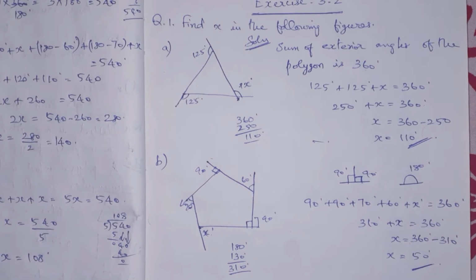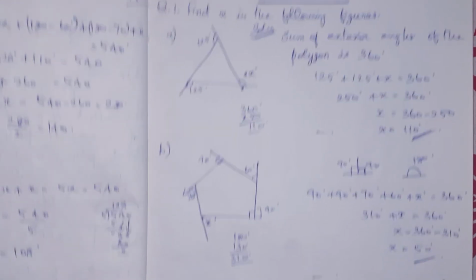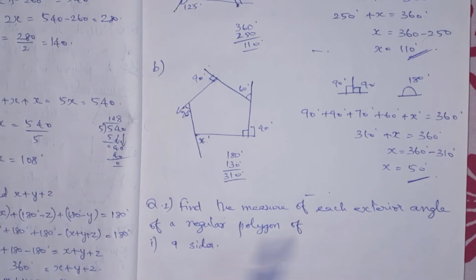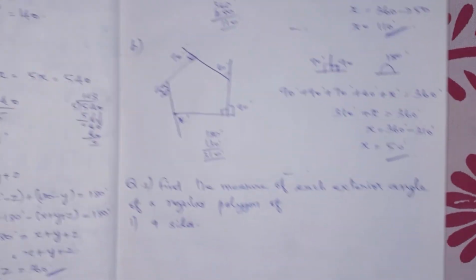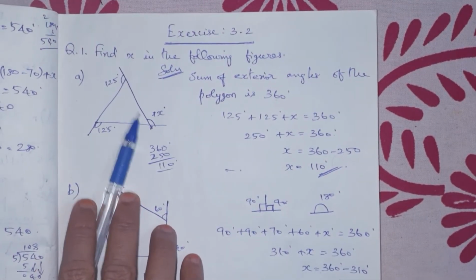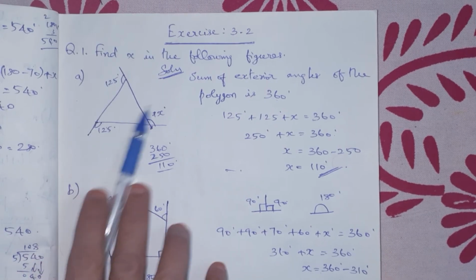Find the measure of each exterior angle of a regular polygon of 9 sides. A triangle has three sides, a pentagon has five sides.